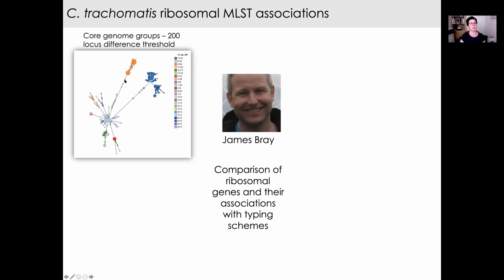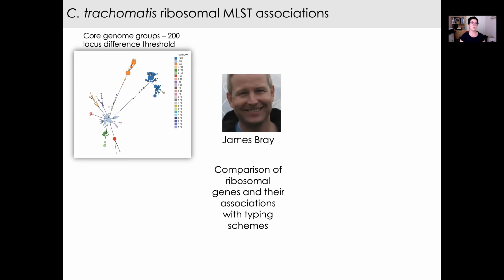So each one of these circles represents an isolate, and isolates which are similar in their ribosomal MLST schemes will form clusters. So this one in orange here have very similar ribosomal MLST alleles. I've then labeled this by core genome group, using here the threshold of 200 or fewer locus differences.